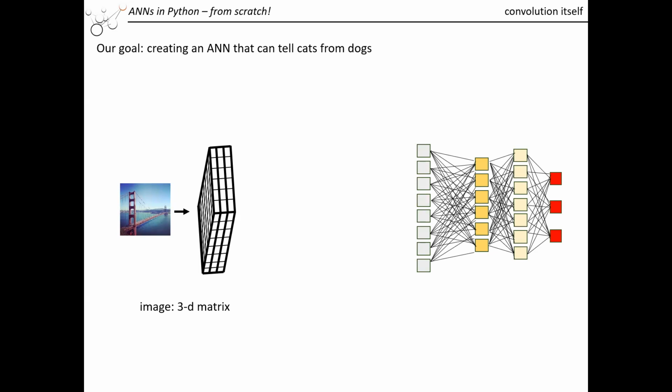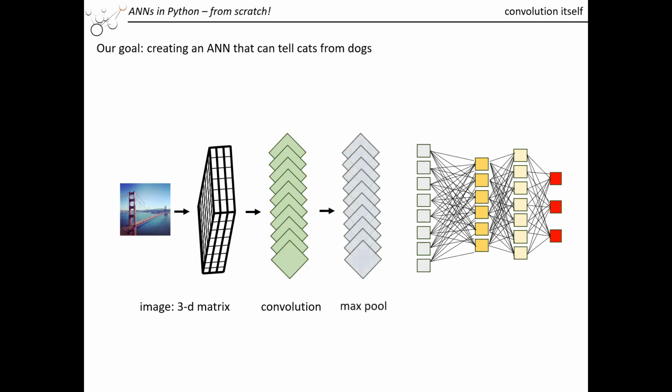And as I showed already earlier, an image is nothing but an ND matrix, or actually a 3D matrix with different channels. Let's stick to an ordinary RGB image where we have 3 different channels, but it's a 3D matrix. Maybe you have Googled for convolutional networks already, and you probably found that these images have to be an input for a so-called convolution layer, and there are probably also max pool layers, and maybe another convolution layer.